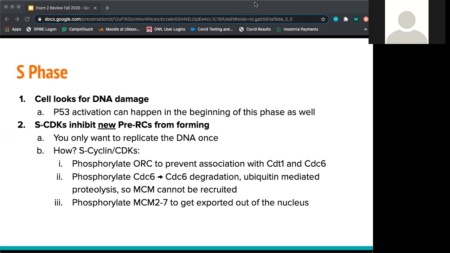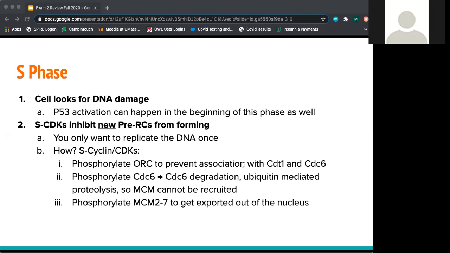Okay, so what was I? Okay, S cyclins. So they work by first phosphorylating ORC to prevent the association with CDT1 and CDC6.